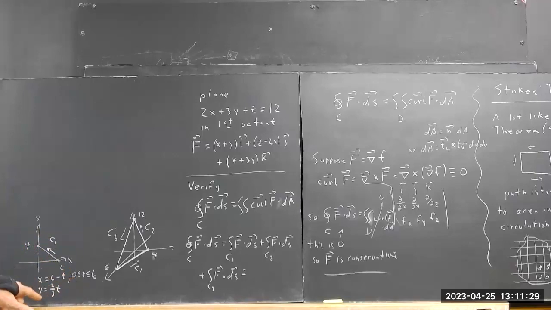When t equals 0, y would equal 0. And these are both linear, so they're going to give you a straight line. Okay, so that would be a parameterization of C1. How would you parameterize C2? How would you parameterize C3?